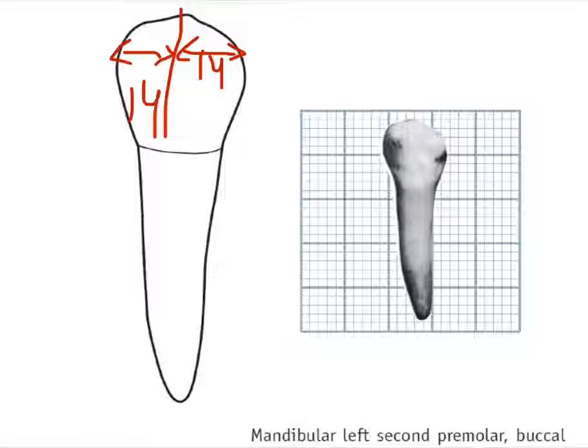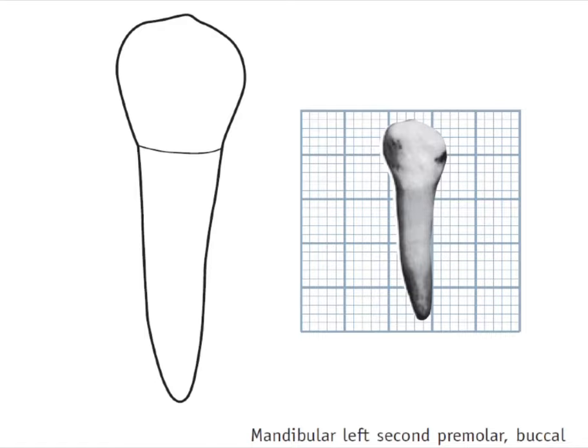So here is the buccal aspect of the mandibular left second premolar, which looks a little like the mandibular canine.